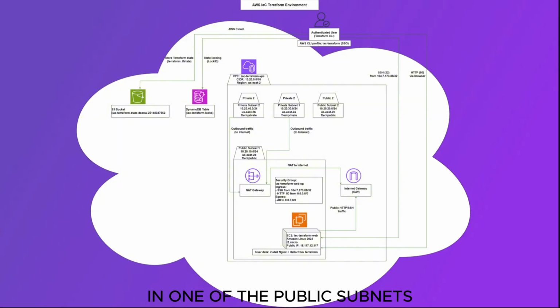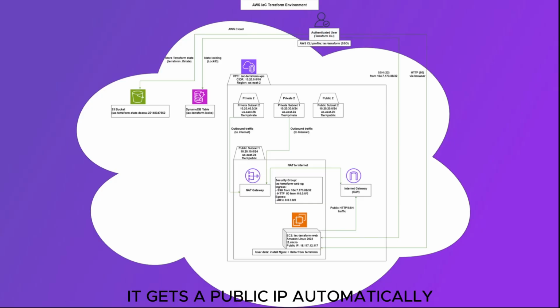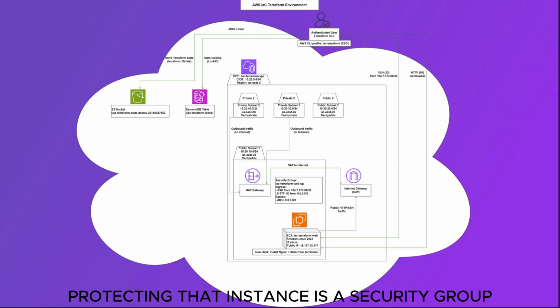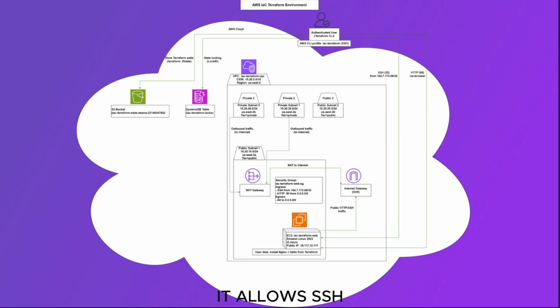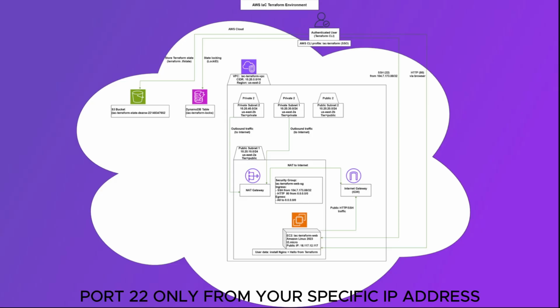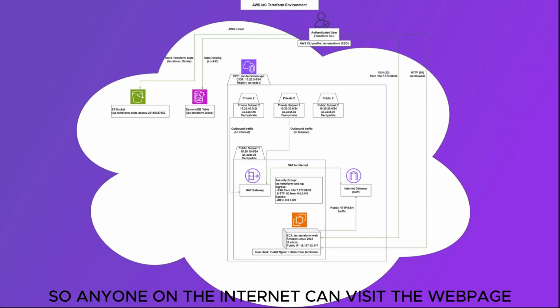In one of the public subnets, we deploy an EC2 instance running Amazon Linux 2023. It gets a public IP automatically. Protecting that instance is a security group, which is essentially a stateful firewall. It allows SSH port 22, only from your specific IP address, HTTP port 80 from anywhere, so anyone on the internet can visit the web page.